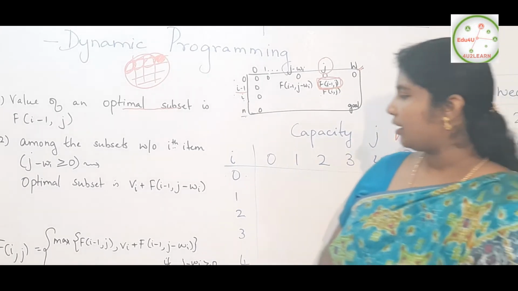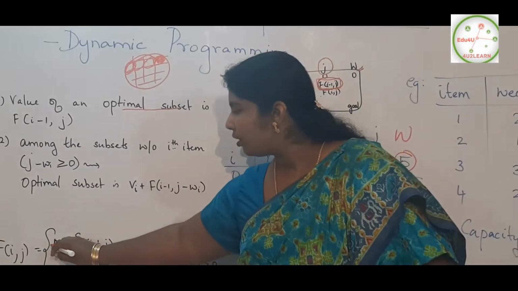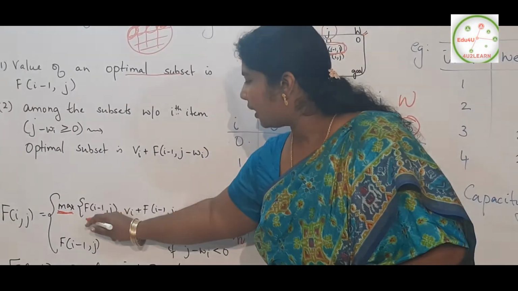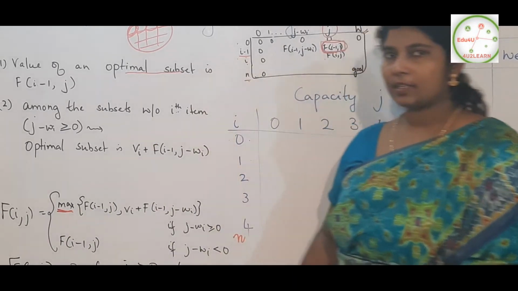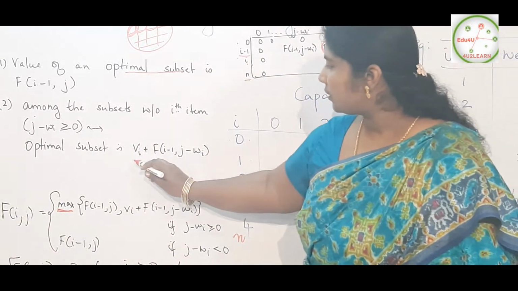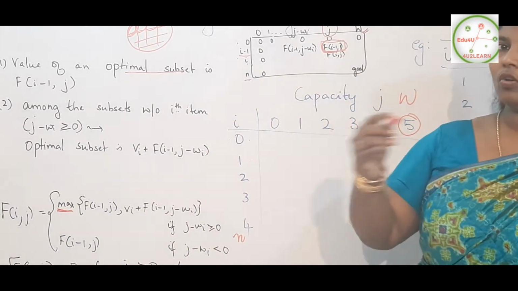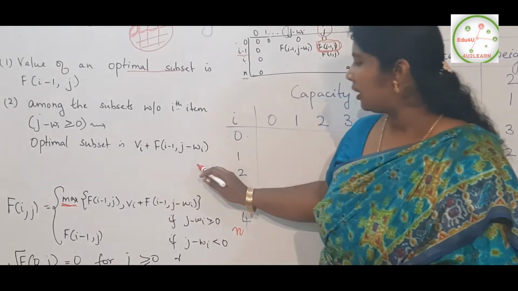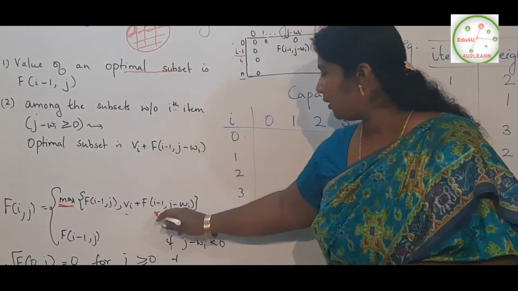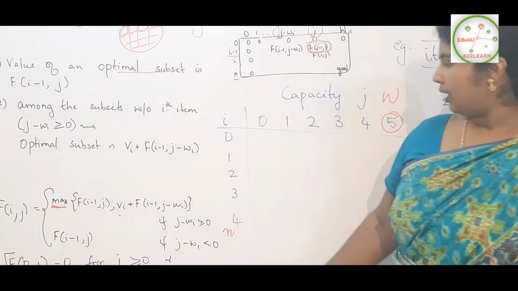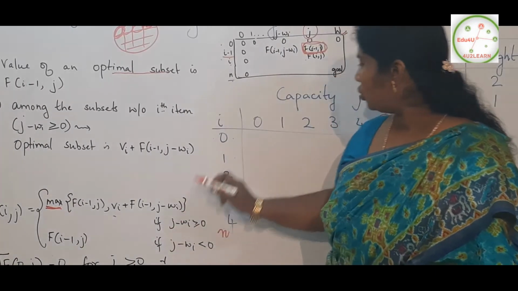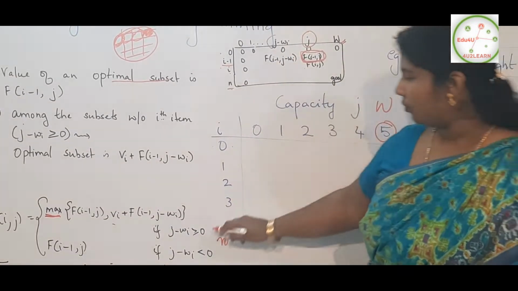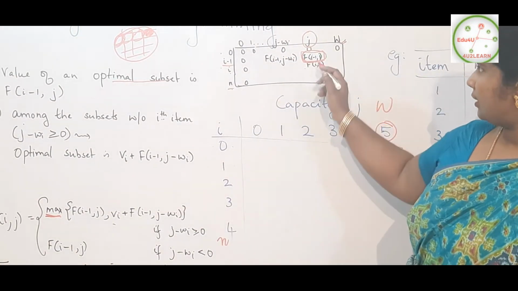So here are the conditions. We find out the maximum, in the sense of whether for that instance the value is the maximum, or whether it is a combination of previously obtained subset solutions, so that the previous value and the combination of it, if j minus iW is greater than 0.